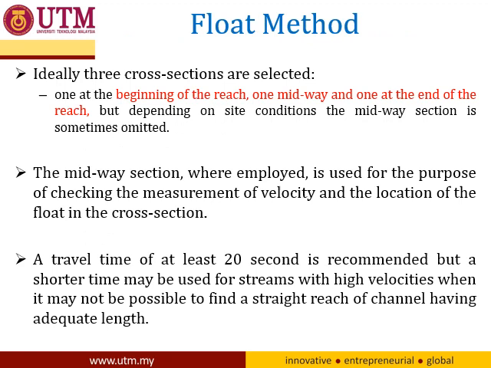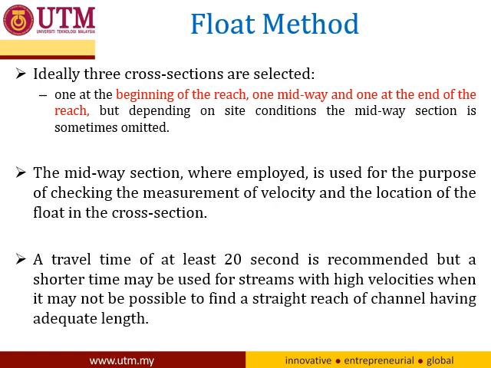Okay, for the first, the float method, as far as I know, is not usually used here, but it's an alternative measurement for a fast measurement. Ideally we need 3 cross sections: one at the beginning of the reach, which means the river, one midway, and one at the end of the reach.